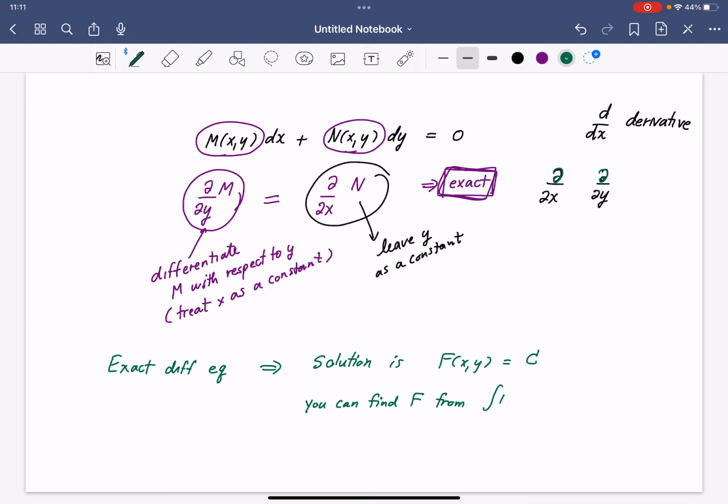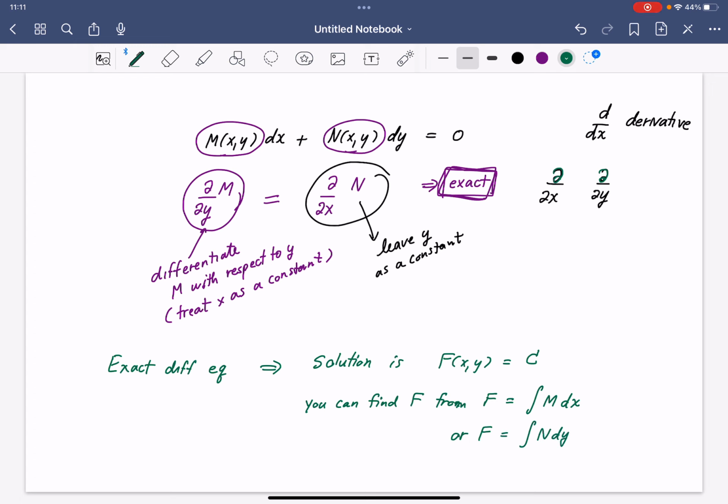I want to use the same notation as in the book. You can find f from f equal to the integral of M dx, or you can find f equal to the integral of N dy.